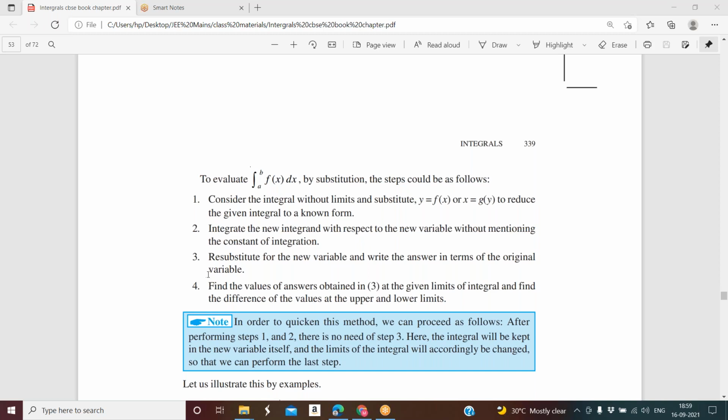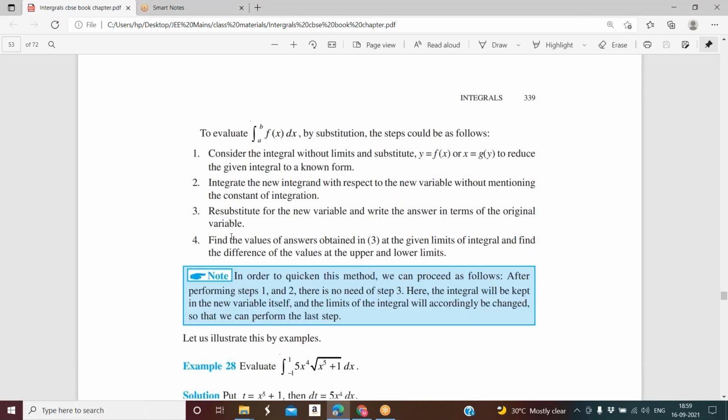Before substituting the limits, we have to change the new variable back to the original variable. Then we substitute the limits. This is the procedure.